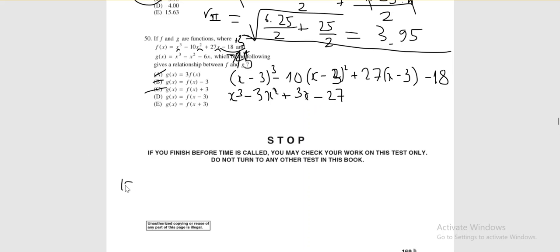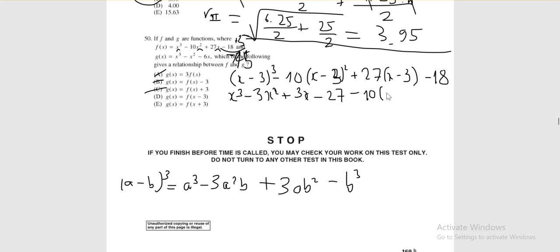Because if you remember, a minus b cubed is a cubed minus 3 times a squared times b plus 3a times b squared minus b cubed.